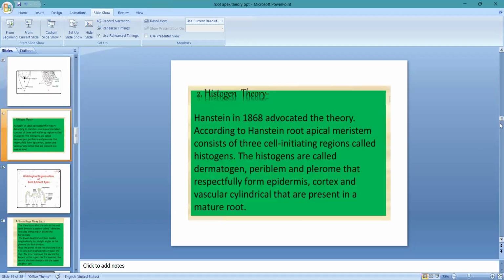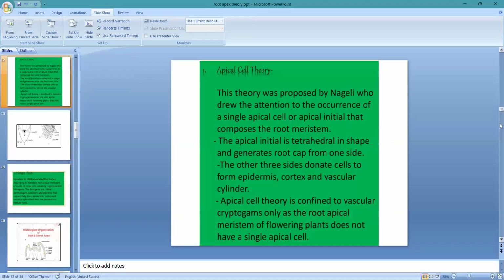Apical cell theory is very simple. Just remember that this theory was proposed by Nageli in the year 1858. According to this theory, a single tetrahedral apical cell gives rise to all tissues of the root.